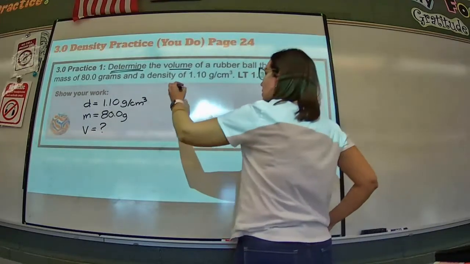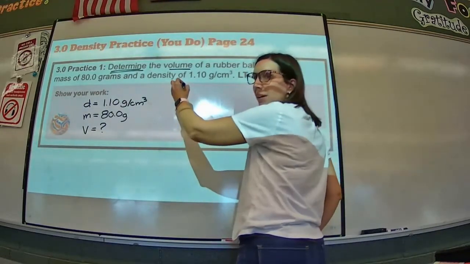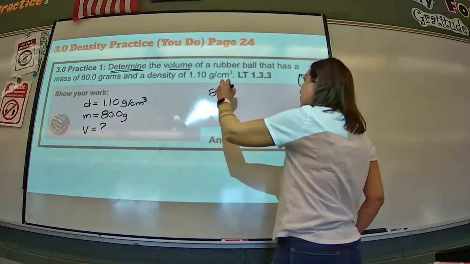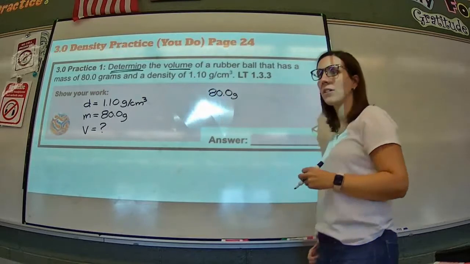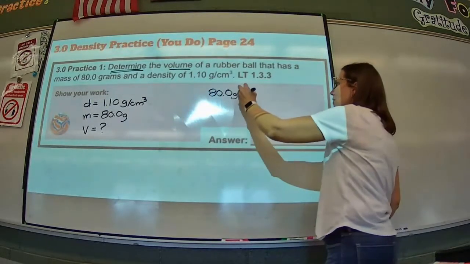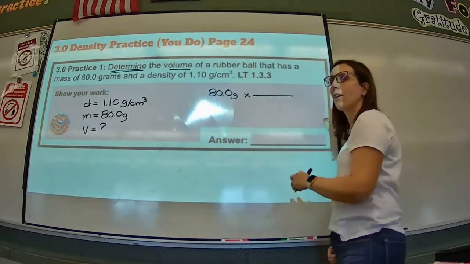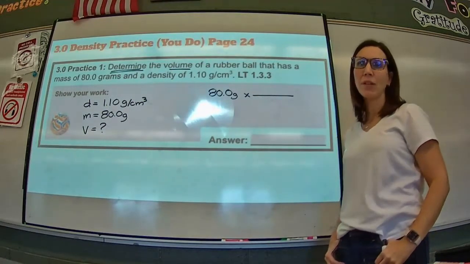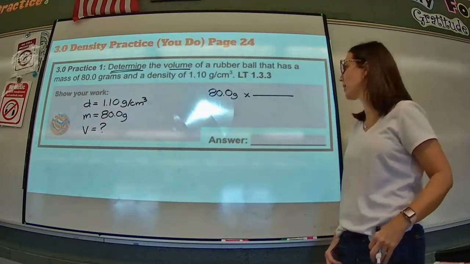So the first thing I'm going to do is write down 80.0 grams. Make sure I'm avoiding that dead spot. And I want to get rid of grams, so I'm going to do times the line, just like we did with all of our unit conversions for dimensional analysis. If I want to get rid of grams, the place that I'm going to put my grams is on the bottom.